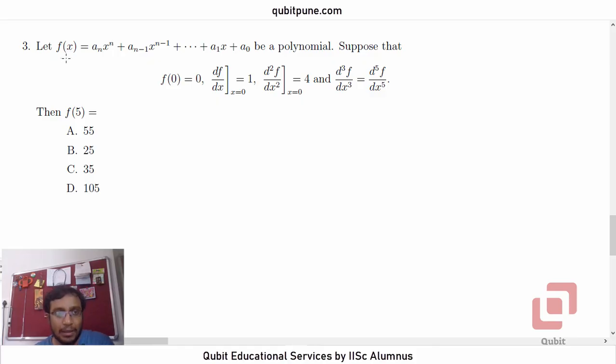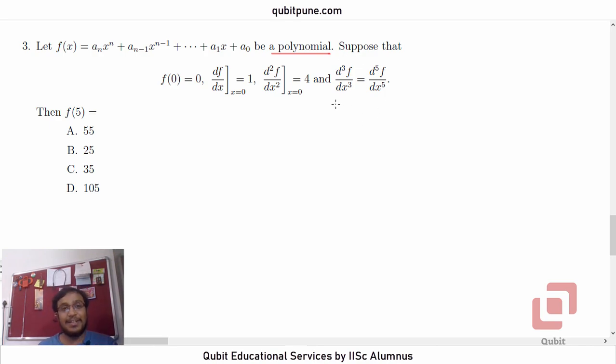Question number 3. Let f of x be a n x to the power n plus a n minus 1 x to the power n minus 1 and so on until a1x plus a0 be a polynomial. Suppose that f of 0 is 0, df by dx at x equal to 0 is 1, d2f by dx squared at x equal to 0 is 4, and d3f by dx cube is equal to d5f upon dx raised to 5.